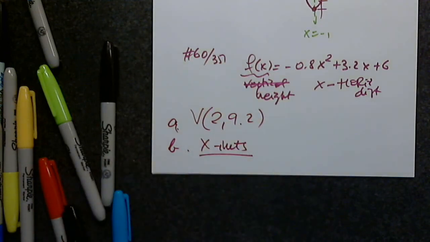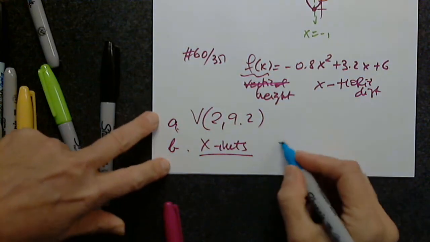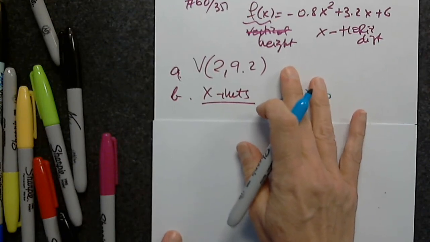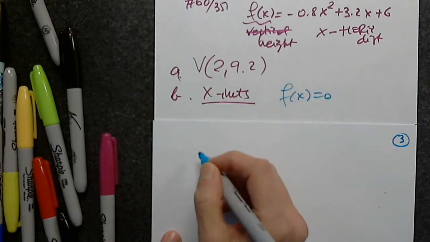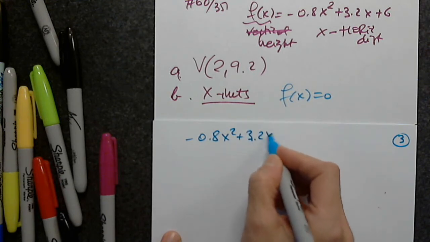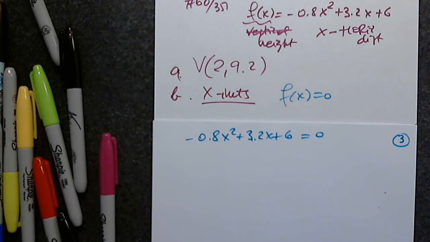How do I find the x-intercepts for this function? What do I have to write? Awesome. F of x equals 0. So then negative 0.8x squared plus 3.2x plus 6 equals 0. Okay, what do you recommend we should do here?